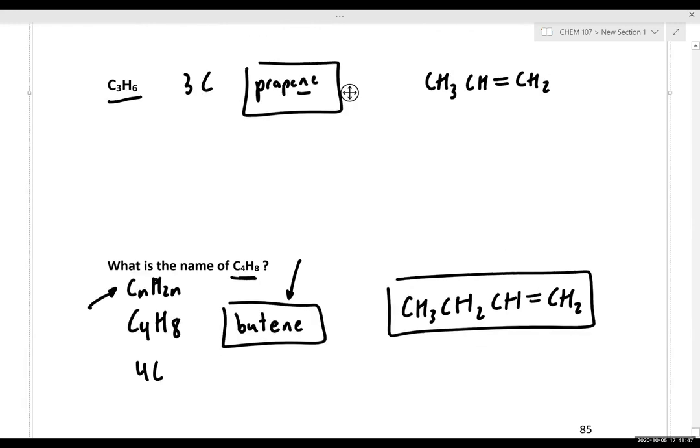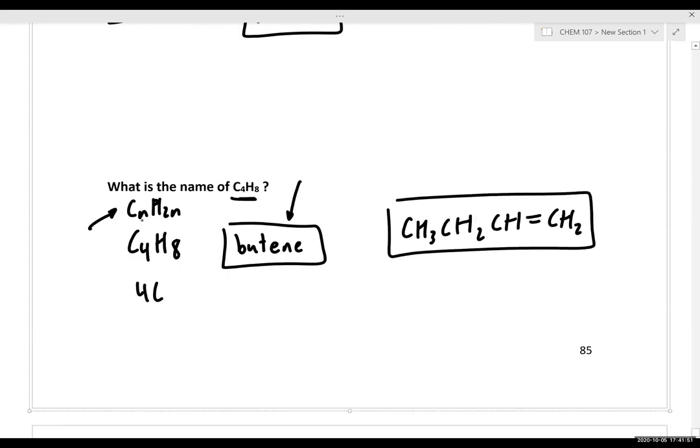If the formula is of the form CnH2n, then we have fewer hydrogens than a typical saturated alkane, and as a result, in this case we have a double bond. The presence of a double bond in turn requires us to name our compound as an alkene rather than an alkane. So rather than butane, it would be named butene.